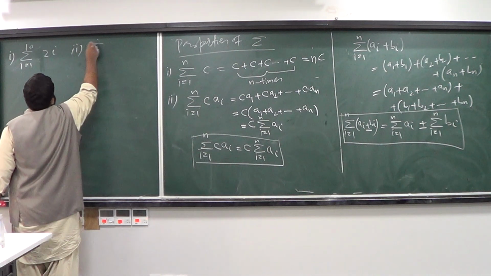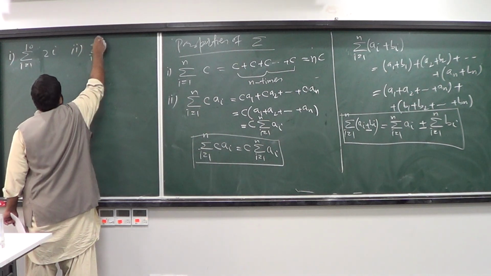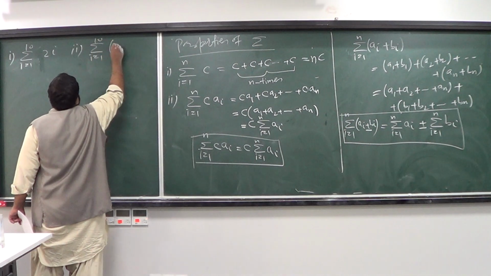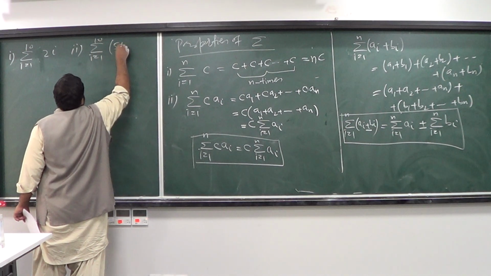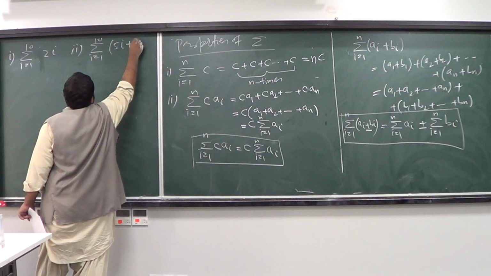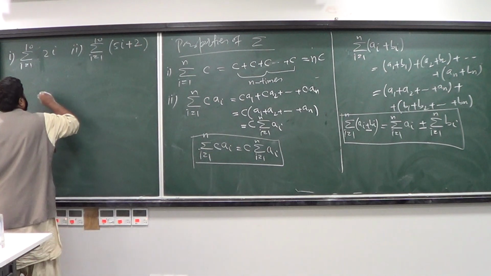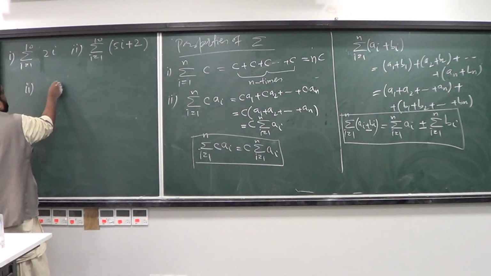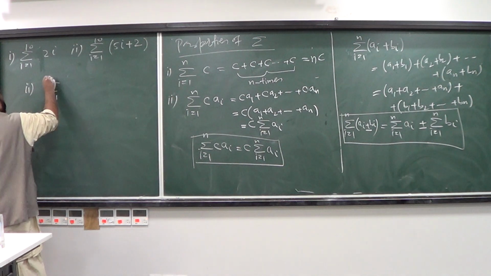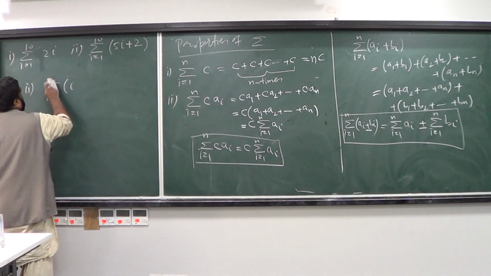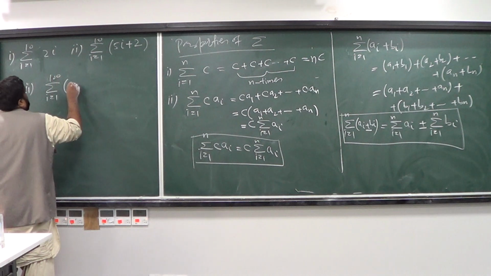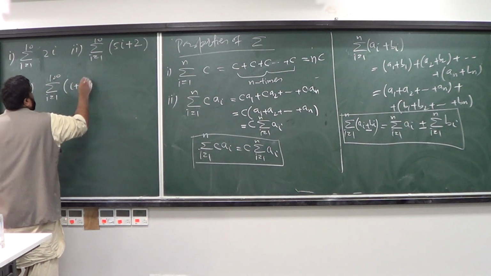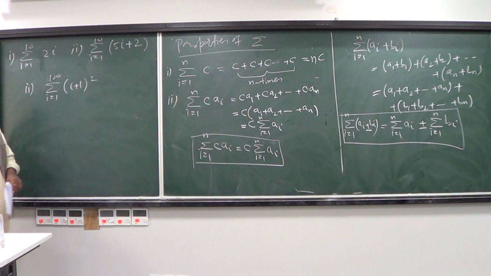Let's calculate another sum from i equal to 1 to 10 of 5i plus 2. And another sum that I would like to calculate is the sum from i equal to 1 to 100 of (i plus 1) squared, and so on and so forth. Okay, so let's calculate this.